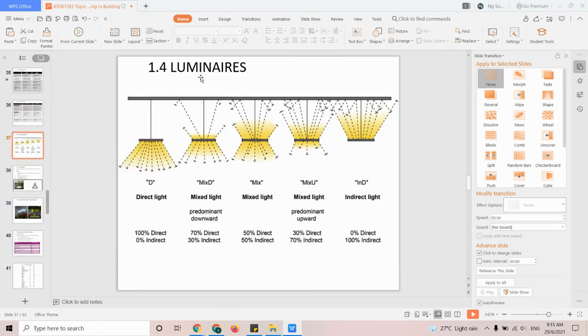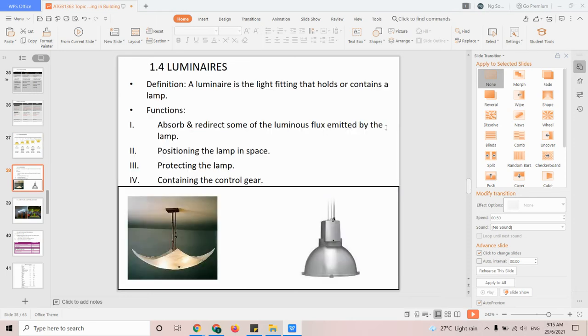Okay, so next you have your luminaires. This is actually just a light fitting, which holds your lamp. They have a few functions. Based on our requirement or how they are manufactured, we can use it to absorb and redirect the luminous flux emitted by the lamp.